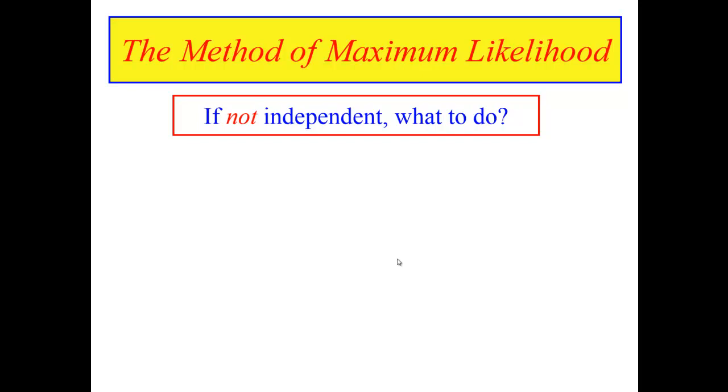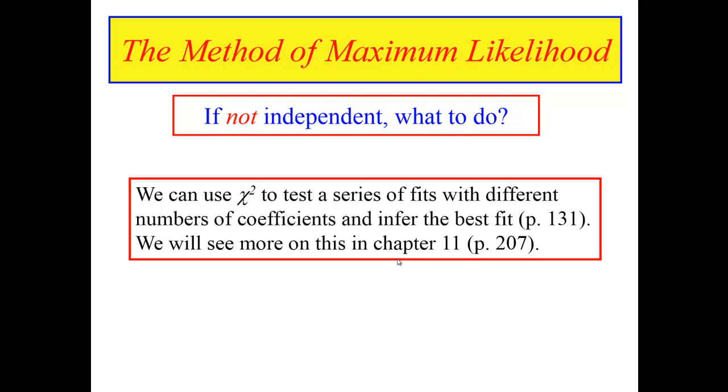And if these individual parameters are not independent of one another, then how do we determine which fitting function is best for a particular data set? We will show, as we get into Chapter 11 in a week or two, how you can use the chi-square test to test a series of fits with different numbers of coefficients and figure out which one provides the best fit. So more on this in a week or two.